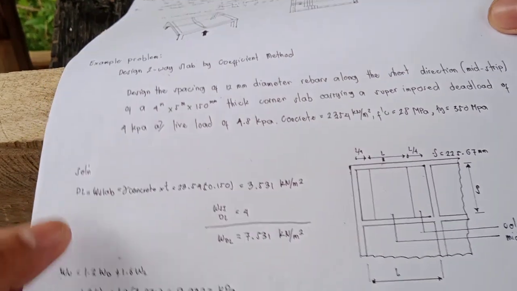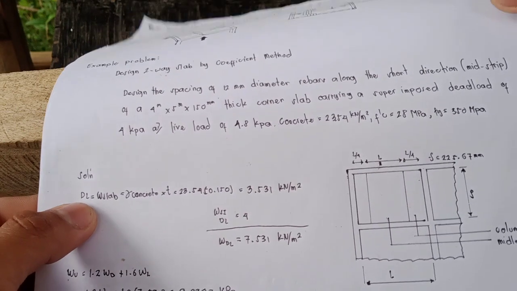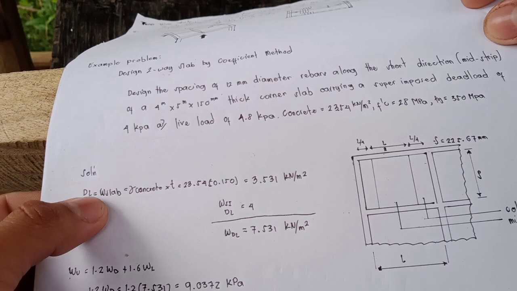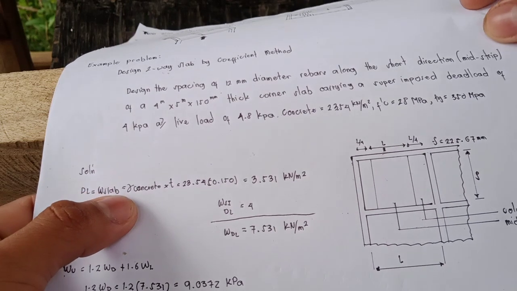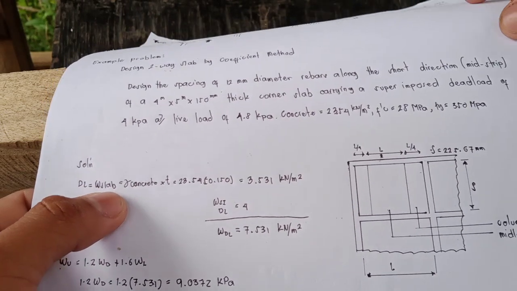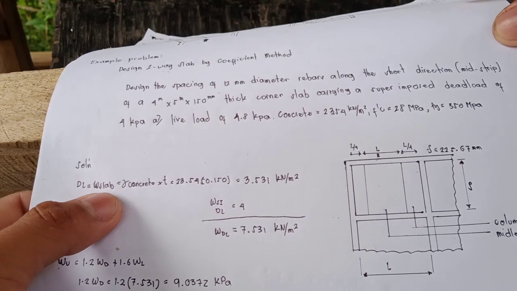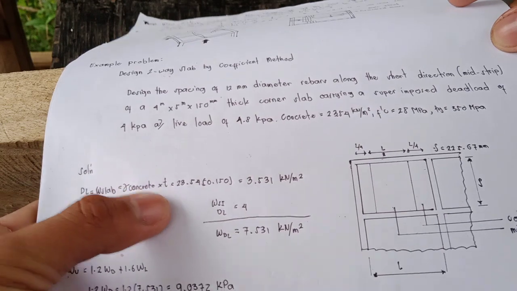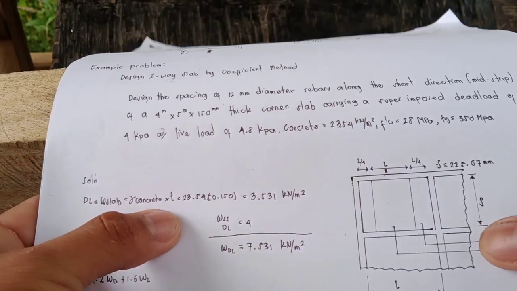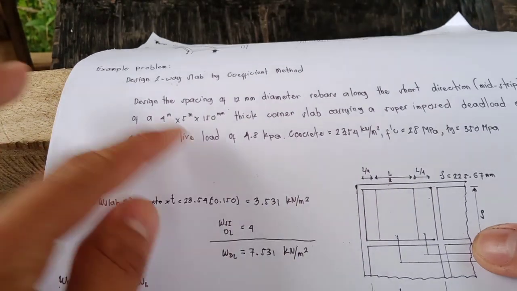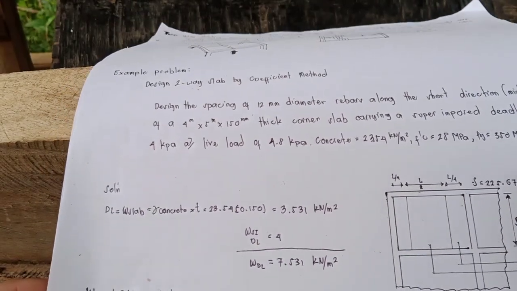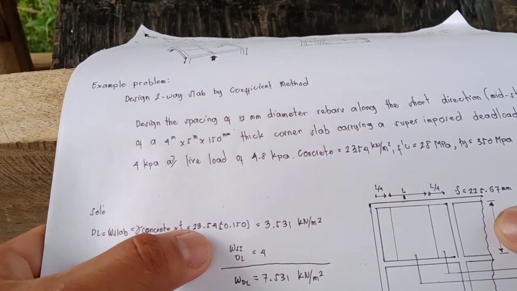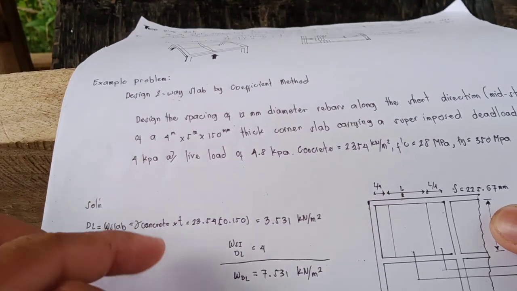So this is the solution. DL equals the dead load, or the weight of the slab, or the weight of concrete, and the thickness equals 150 millimeters. So this is the concrete, 23.54 times thickness.